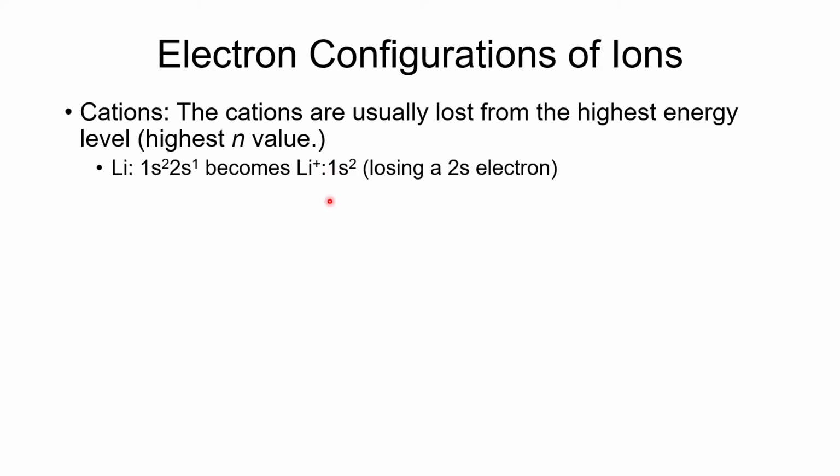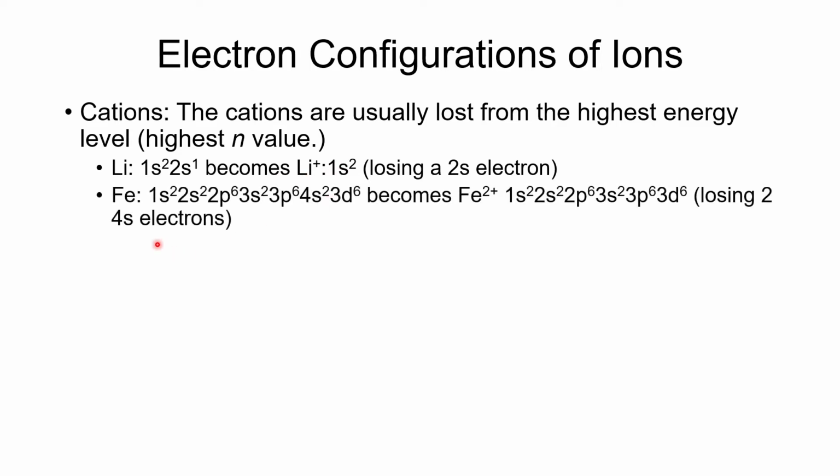For other ones, it's a little bit more complicated, but it's not too bad. For iron, when we form a +2 charge, Fe2+, here is our electron configuration for the element: 1s2, 2s2, 2p6, 3s2, 3p6, 4s2, 3d6.